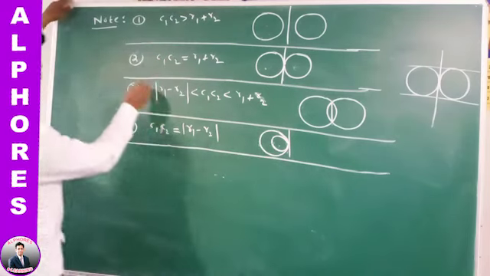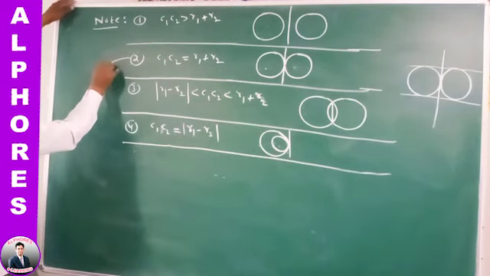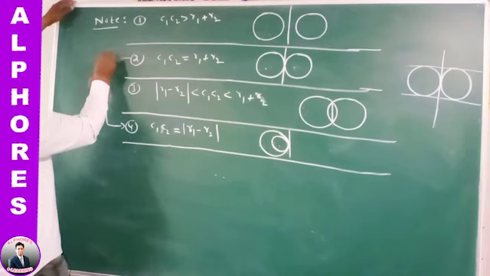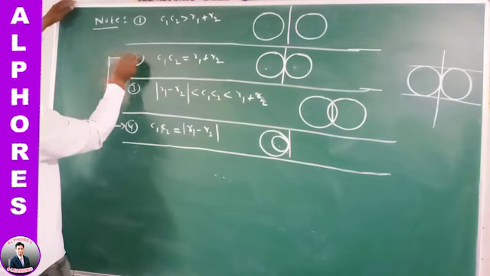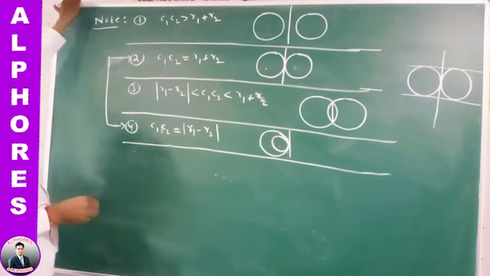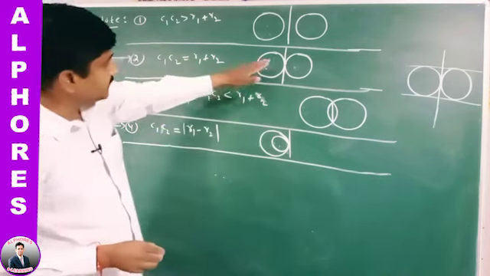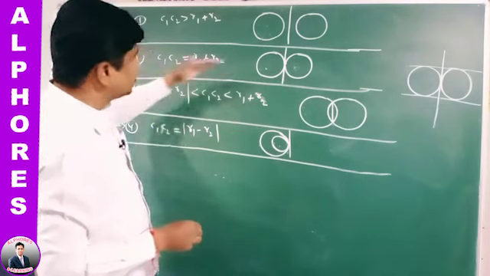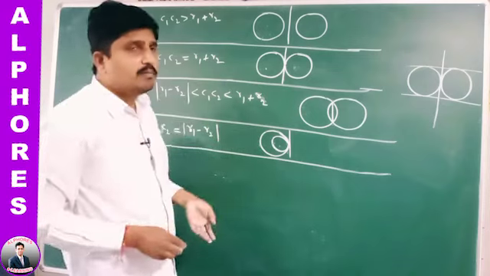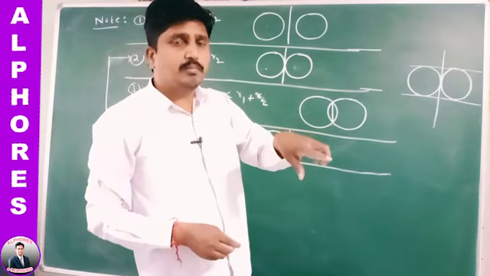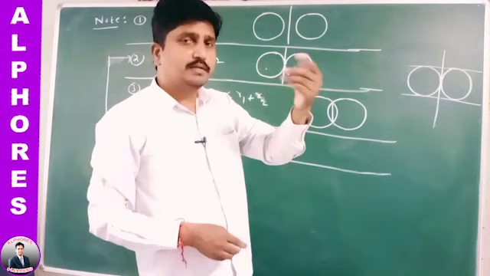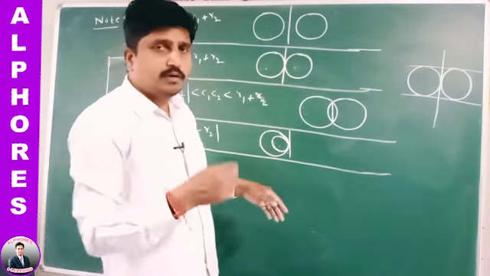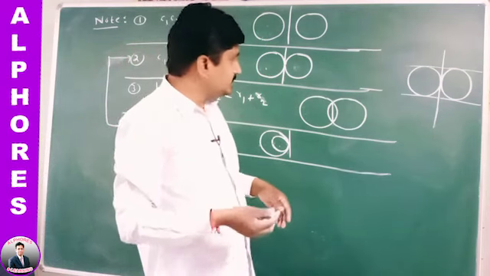Observe these two, second and fourth cases. If the two circles touch each other, in cases second and fourth, then the common tangent at their point of contact is the radical axis of the given circles.